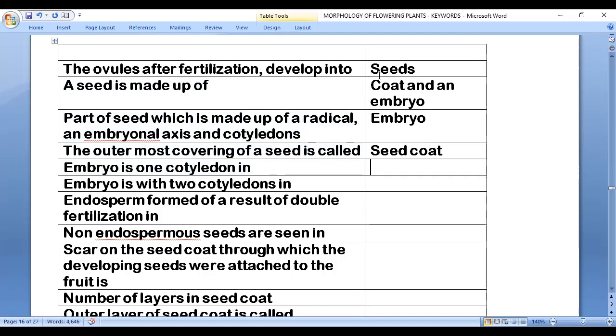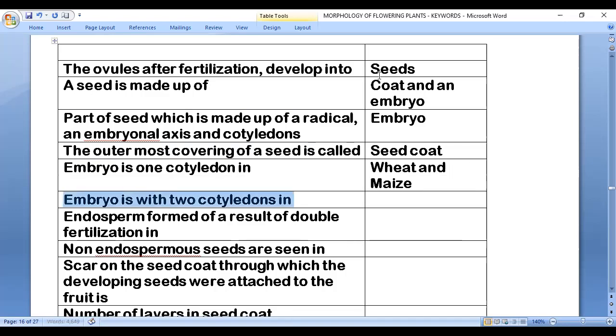The embryo has one cotyledon in wheat and maize. The embryo has two cotyledons in gram and pea.